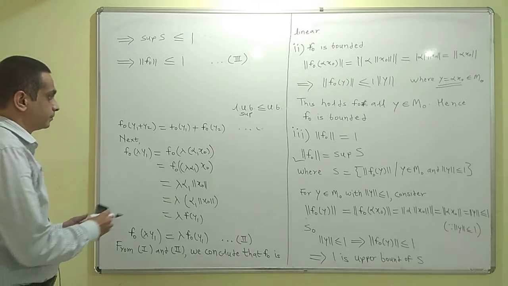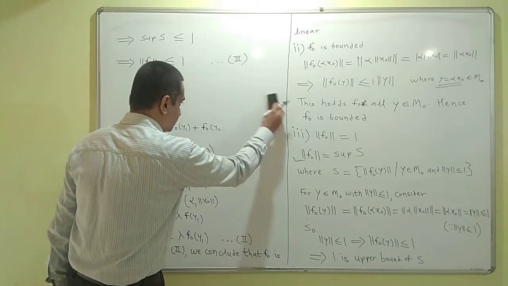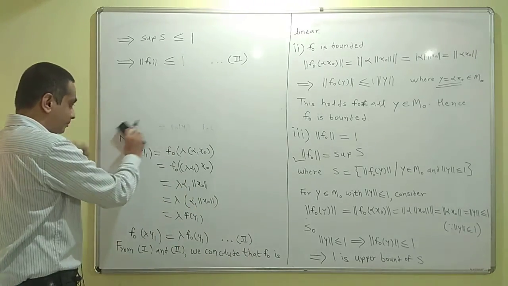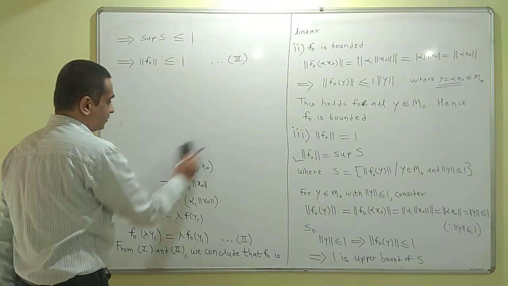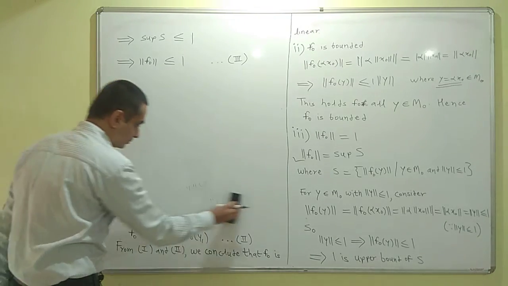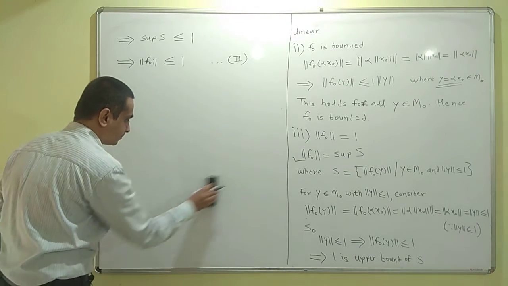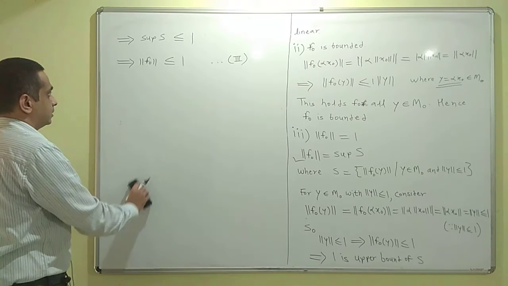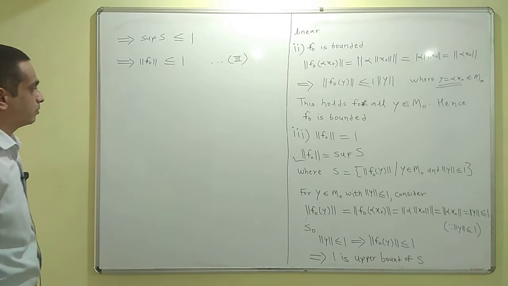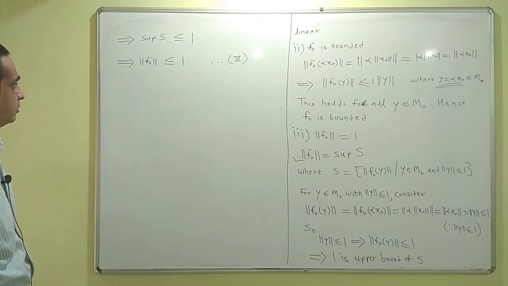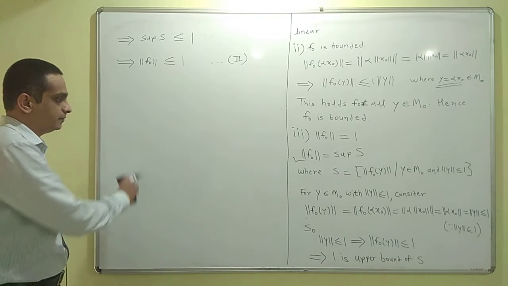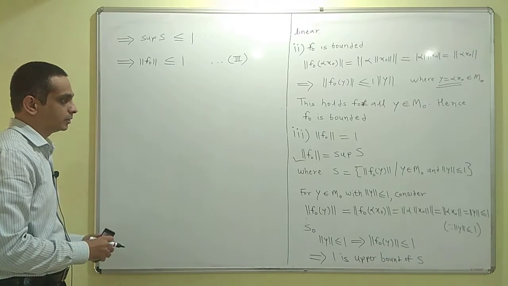Now what is left? To prove the reverse way inequality, that is, 1 is less than or equal to norm of f0, and then we can conclude that norm of f0 is equal to 1.